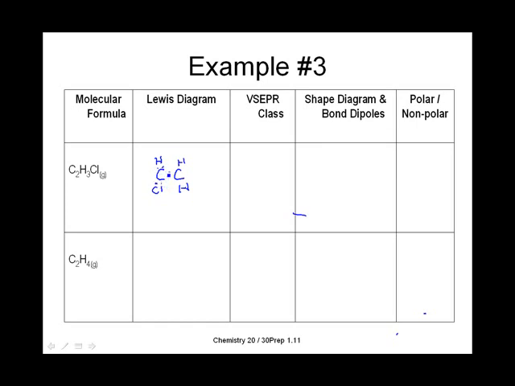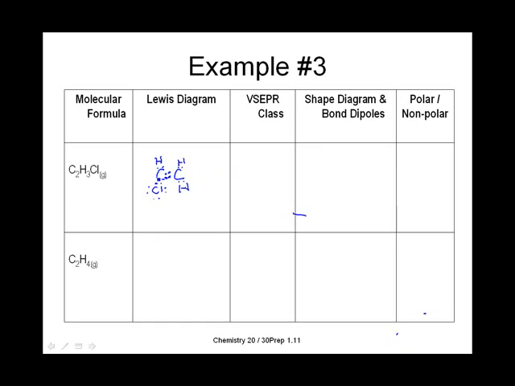And this is actually going to be a molecule with a double bond in the center in order to satisfy those carbons. And this chlorine has a full valence shell. So our carbons each have 8 electrons. Our hydrogens all have 2. They're happy. So there's our Lewis diagram.